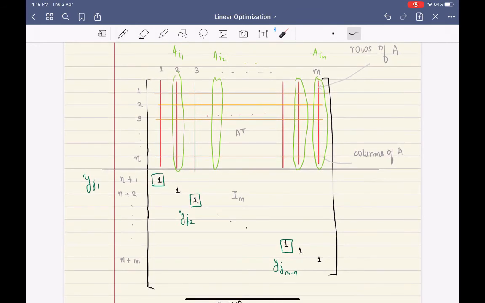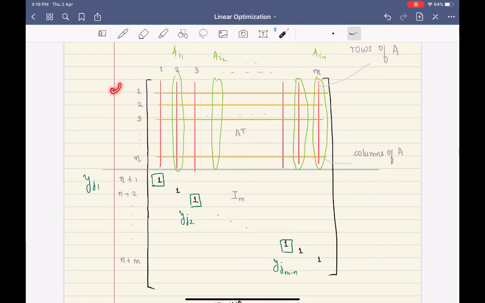Okay, now what do we know? These are all linearly independent as columns, so the corresponding rows will also be linearly independent, right? Now finally we want to show that these n rows along with the rows corresponding to j1 till j(n minus m), all these m rows are linearly independent.